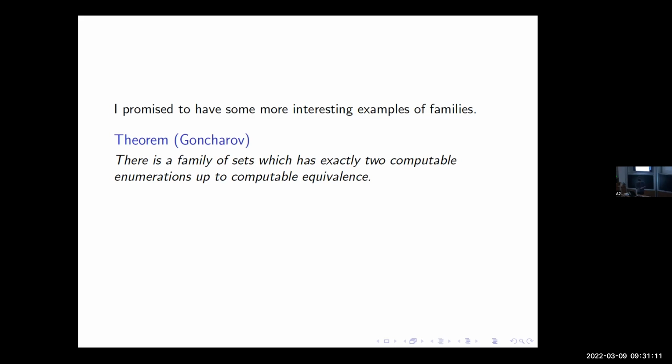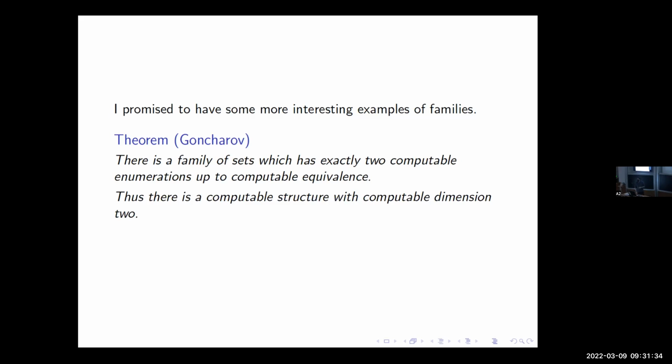And if you code that into a structure, you basically build a structure that is essentially this family. That tells you there's a computable structure with computable dimension 2. This means it has exactly 2 computable copies up to computable isomorphism. So 2 computable copies, not computably isomorphic to each other, but every other copy is isomorphic to one of those 2. So that's a really interesting classical example.